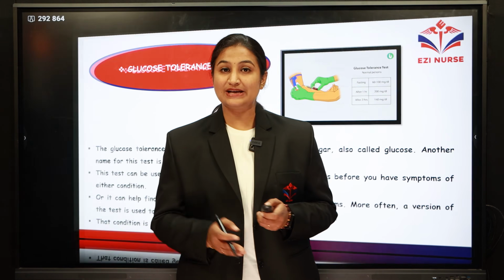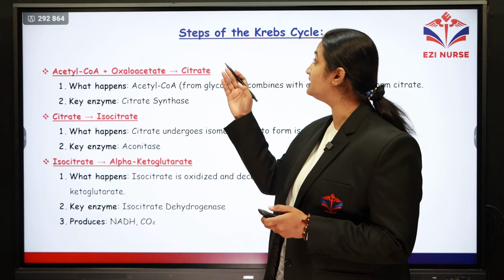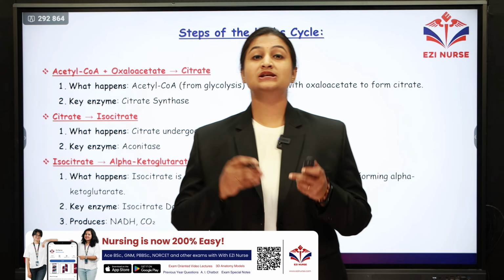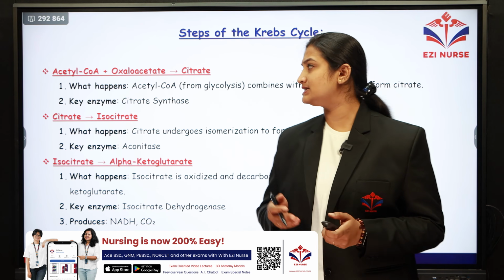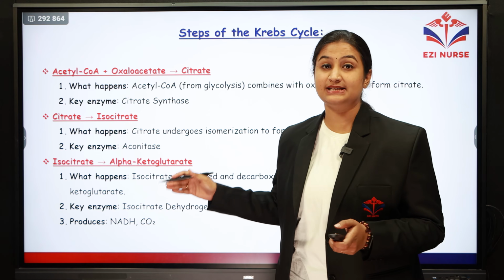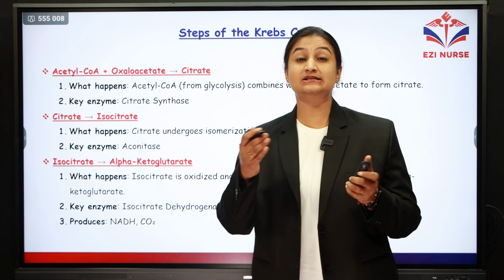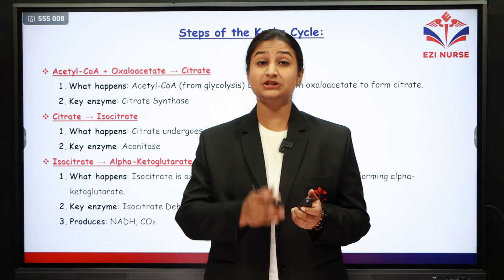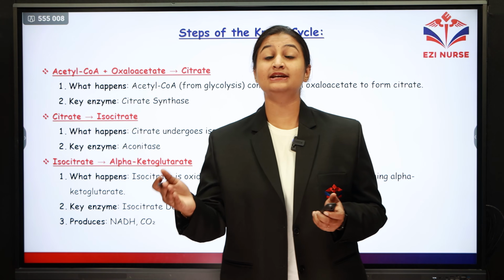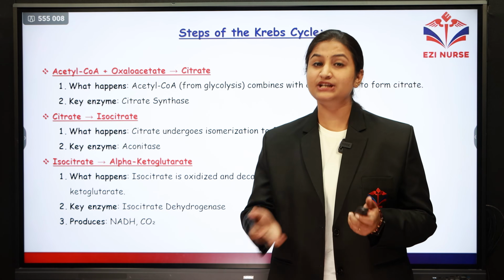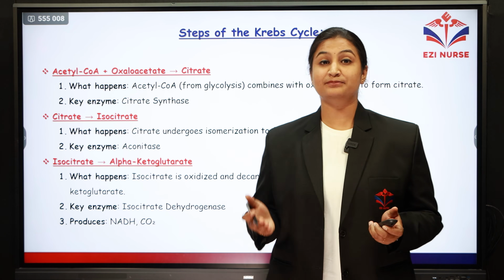The next question we are discussing is the steps of the Krebs cycle. What is this Krebs cycle and what is it mainly doing? We'll see it step by step so that you understand it more clearly. There is also a diagrammatic representation, which you definitely have to write in your exam, because it's a very important cycle.